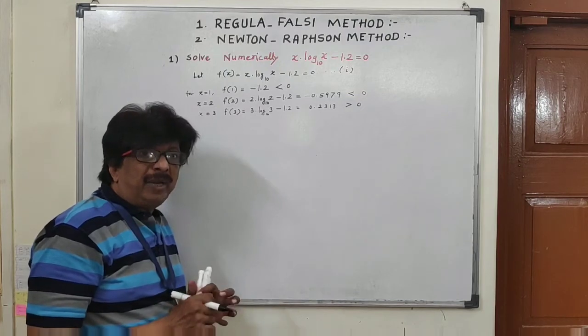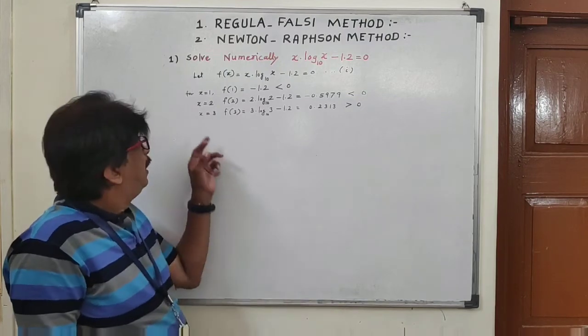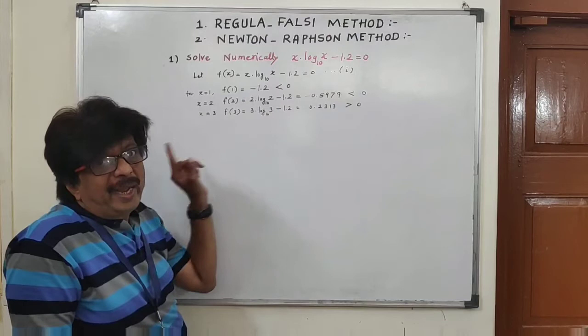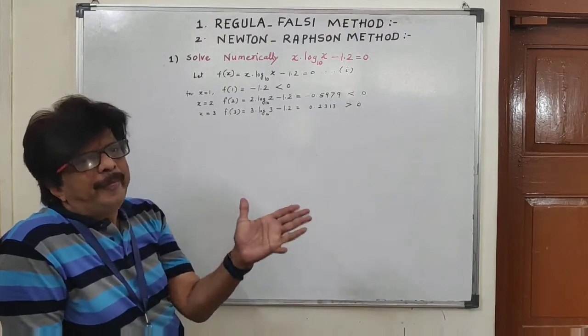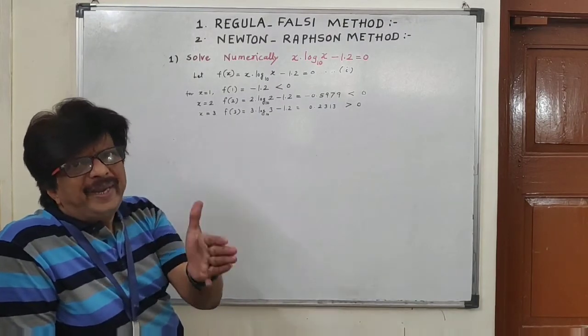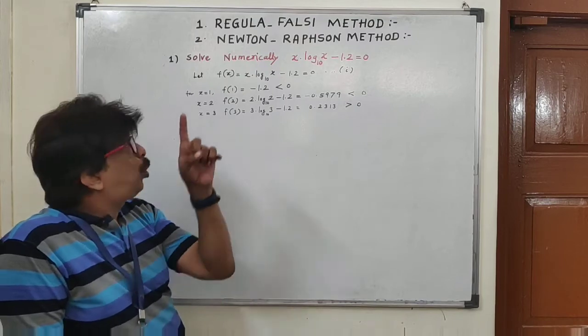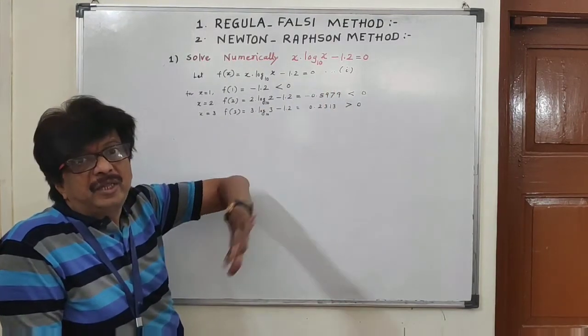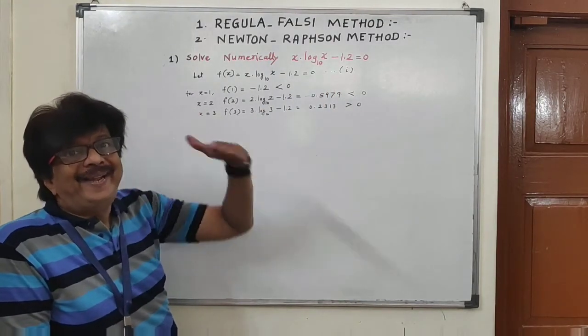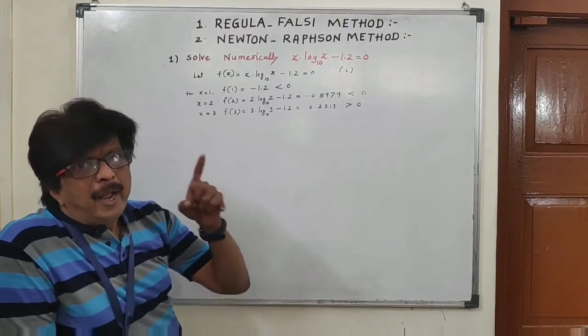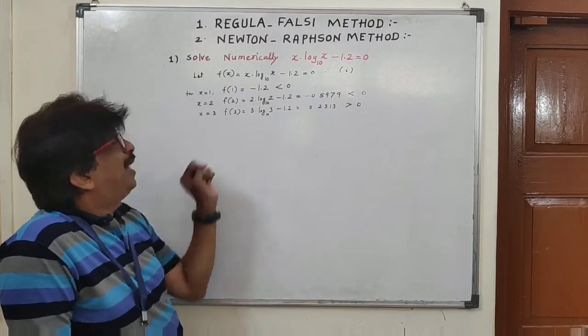What does this mean? f of 2 is negative and f of 3 is positive. That means the root of this logarithmic equation, the root of this transcendental equation, lies between 2 and 3.